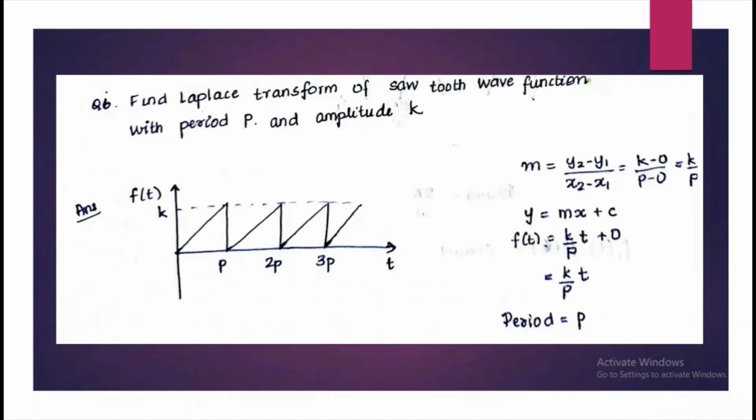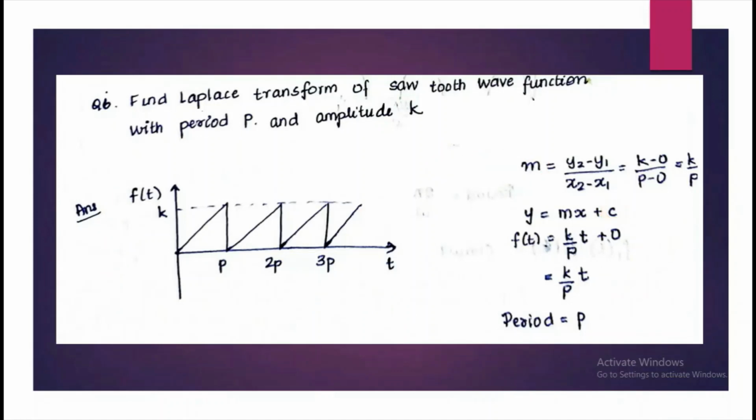Suppose you are asked to find the Laplace transform of a sawtooth waveform as shown here. It is a periodic function, so let's find the equation for one cycle. The period given is p and the amplitude is k. We know that for a line with slope, the equation is y is equal to mx plus c, where y and x represent the respective axis and m is the slope and c is the intercept.